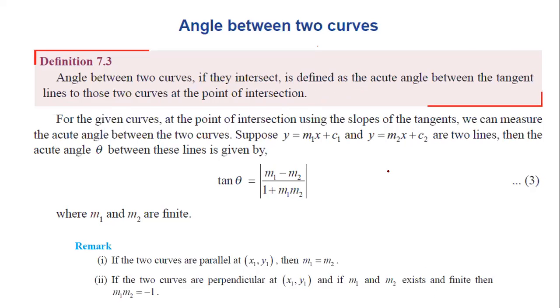What is meant by acute angle? In the beginning class, I told the basics of trigonometry. Angle between 0 degree and 90 degree, exactly, that is the first quadrant. The first quadrant angle, 0 to 90 degree, is called the acute angle. In case more than 90 degree, 90 to 180 degree, that is called obtuse.